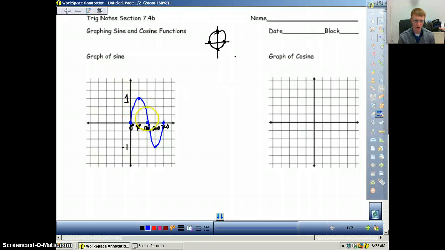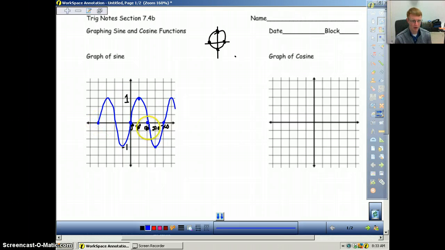We started at 0 and came all the way back around to 360. Remember, 0 and 360 are in the exact same spot. So this is just going to continue on, and you could keep this going on forever. You can get an idea of what it's going to look like, and then we can even continue it here. And it's a perfectly cyclical function, and it will just look like that over and over again.